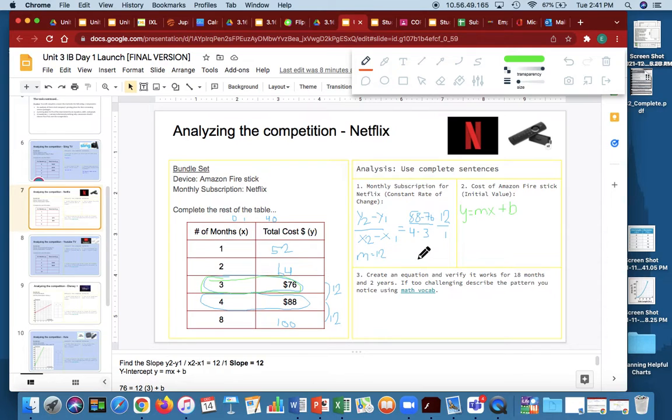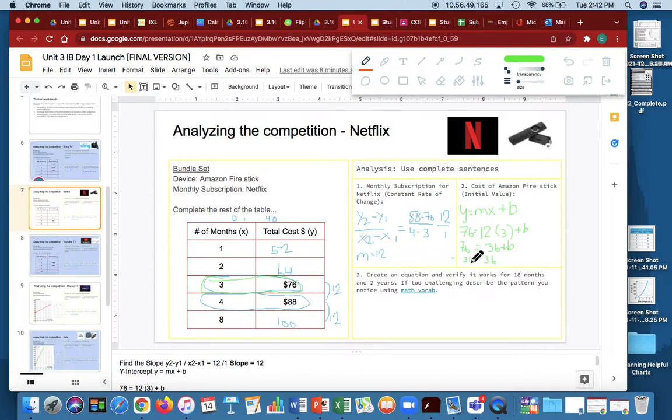So on this one, my y is 76, so I plug in 76 is equal to my m, which is my rate of change, which is 12, times, inside the parentheses, I'm going to put my x, which is 3, plus b. Now when I do that, that gives me 36 plus b, which is equal to 76. When I subtract 36 from both sides, that ends up giving me 40.